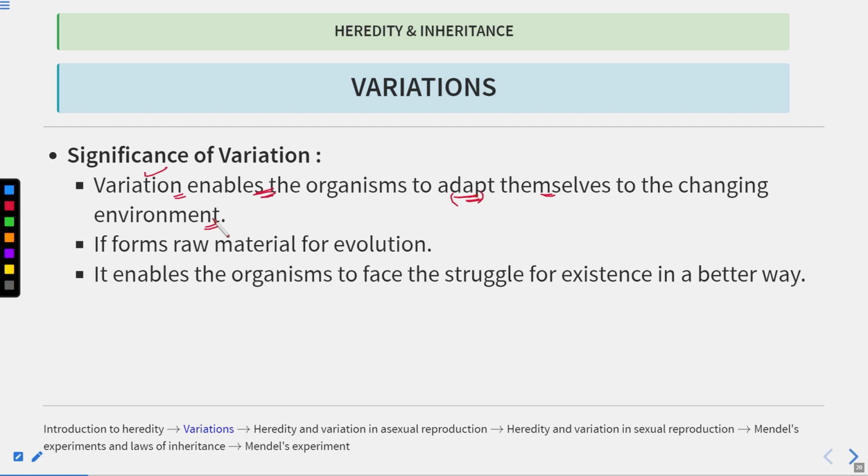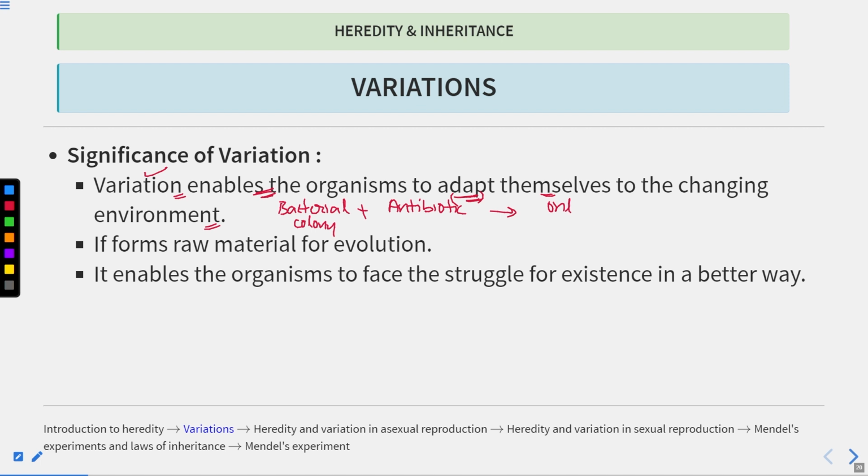Clear? So this is how variations enable the organism to survive in the changing environment. If there was a bacterial colony and you add the antibiotic, then what will happen?